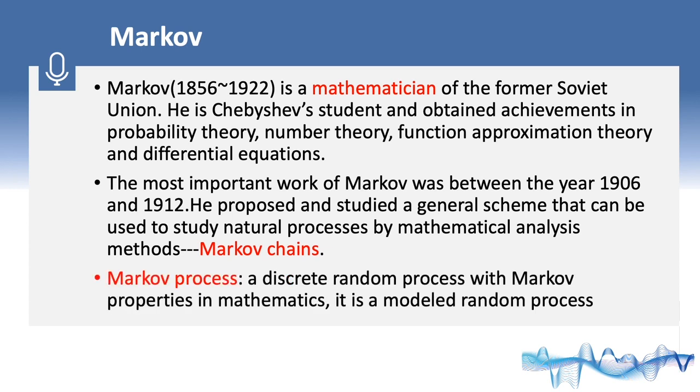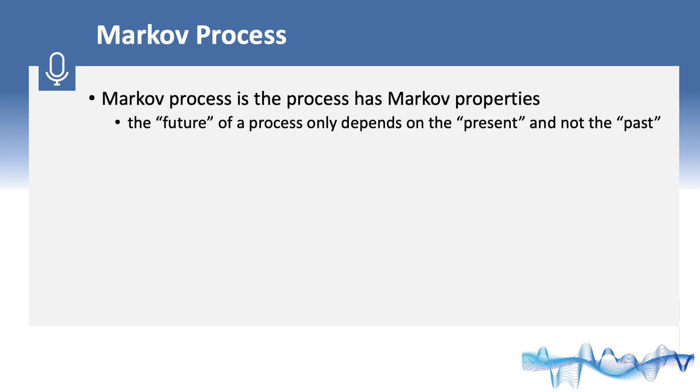A Markov process is a discrete random process with Markov properties in mathematics. If the future of a process only depends on the present and not the past, then the process has Markov properties, or the process is called a Markov process, a modeled random process.